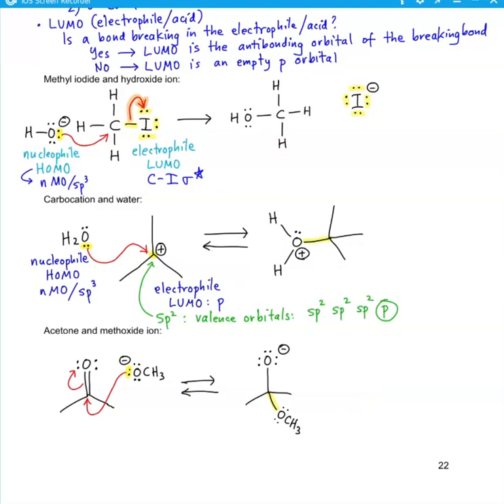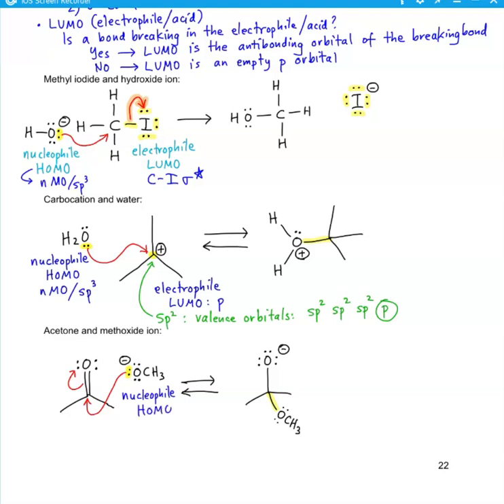Okay, so how do we assess the frontier orbitals in this situation? Which one of these is supplying the electrons? Is it the acetone or the methoxide ion? If you said it was the methoxide ion, that would be correct. So the methoxide ion is the nucleophile.